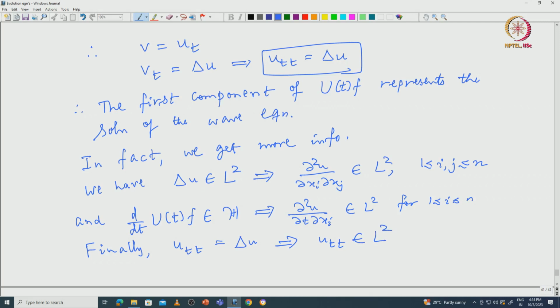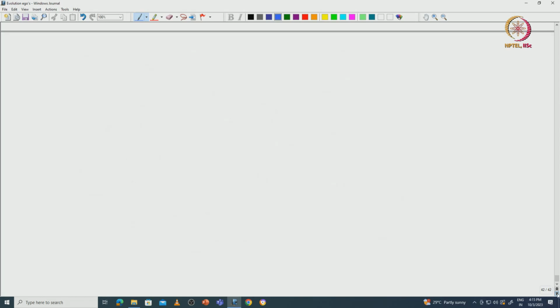So, all these derivatives are in L2, and this is what we require in the energy estimate. Let me just recall what we did. Recall this energy estimate, which was proved under the smoothness assumption.